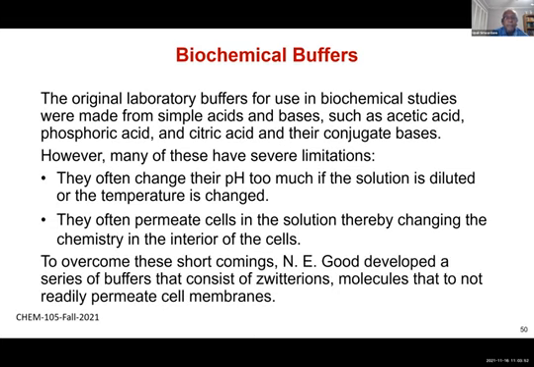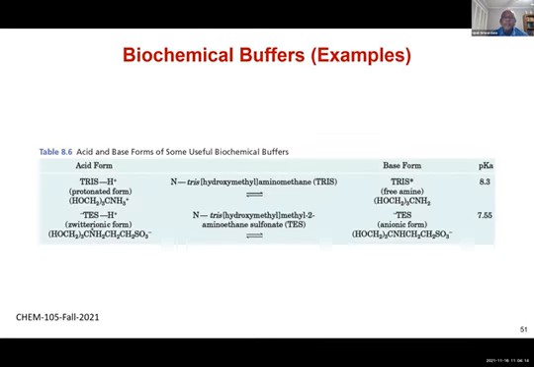Therefore, scientists developed a series of buffers that consist of zwitterions and molecules that do not rapidly permeate cell membranes, to avoid the drawbacks of simple buffers. They came up with two buffers called TRIS and TES.